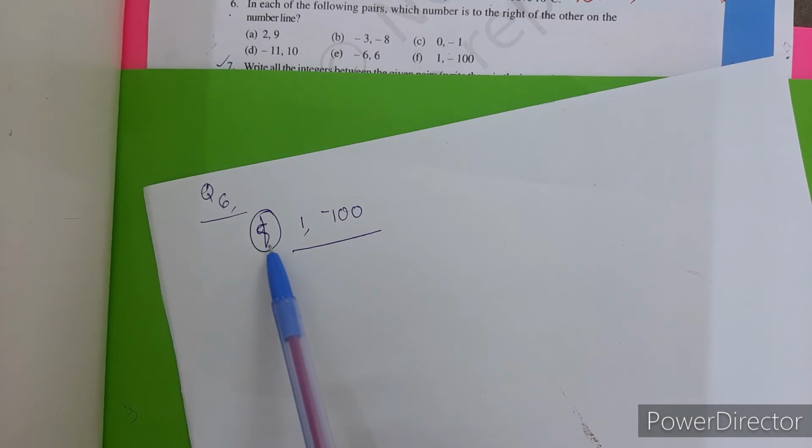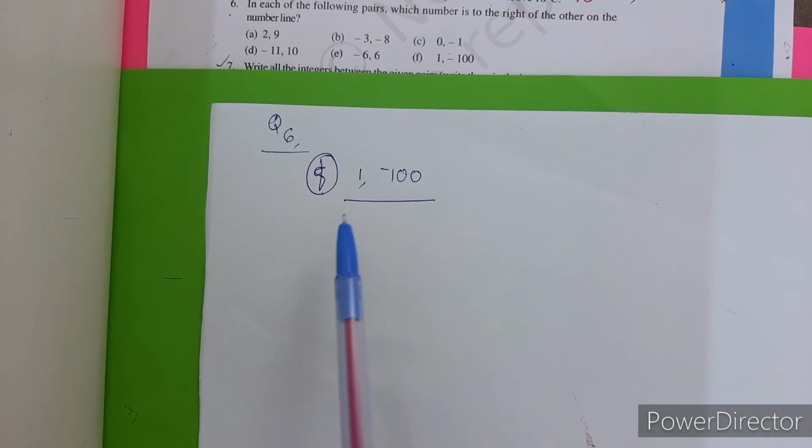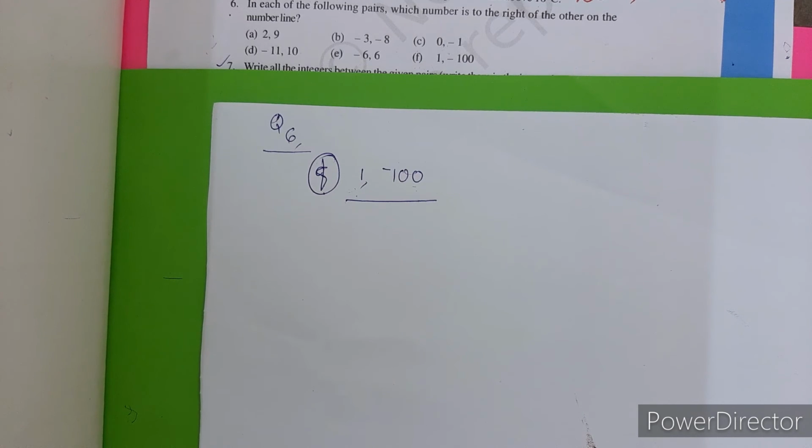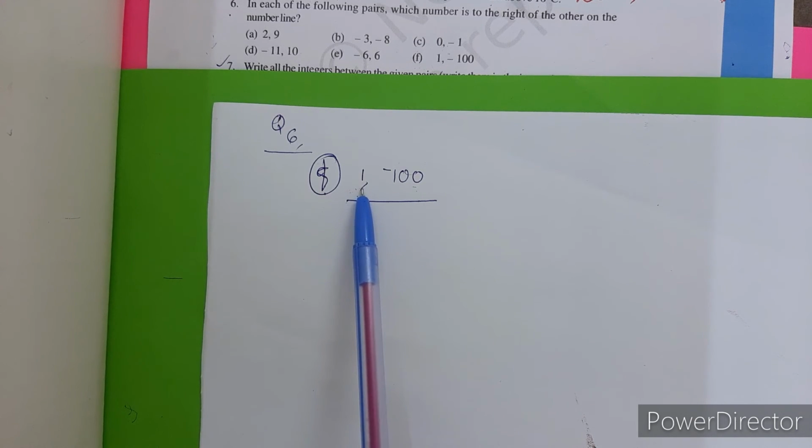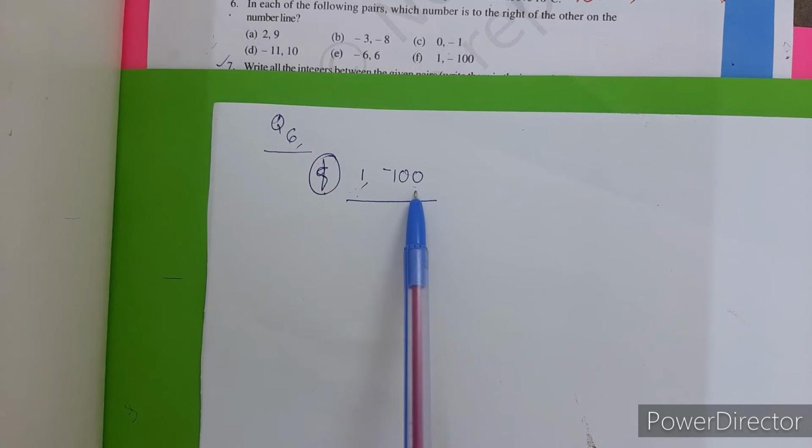Coming to F. The given pair is 1 and minus 100. So we can see one is a positive integer, the other is a negative integer. So we can easily identify which one is bigger. Here the positive integer 1 is the bigger number, and minus 100 is the negative integer, so that is the smaller one.